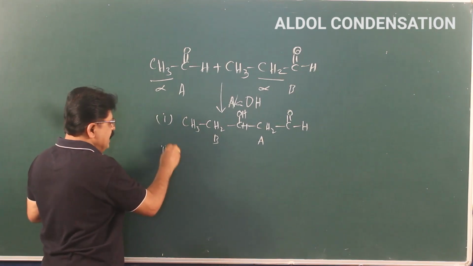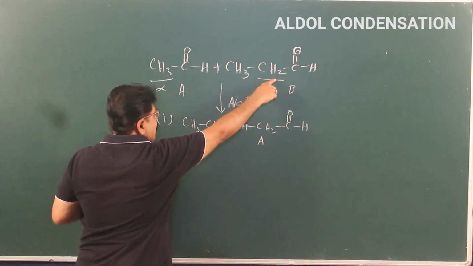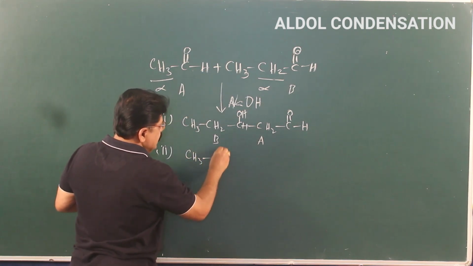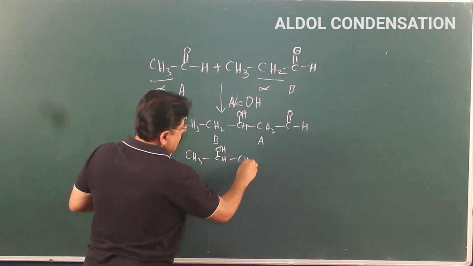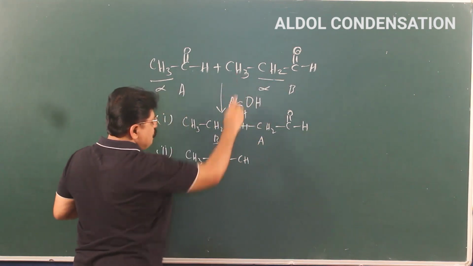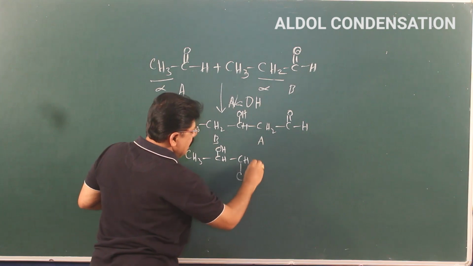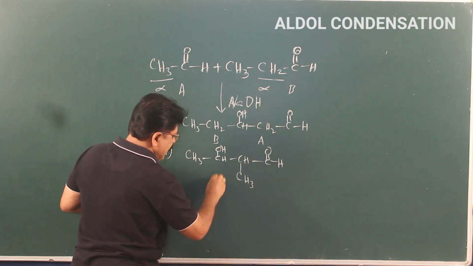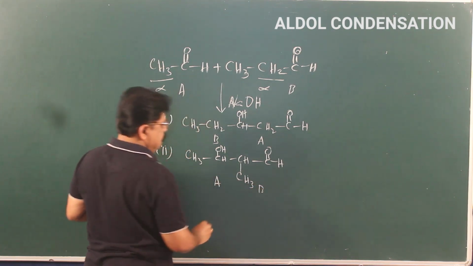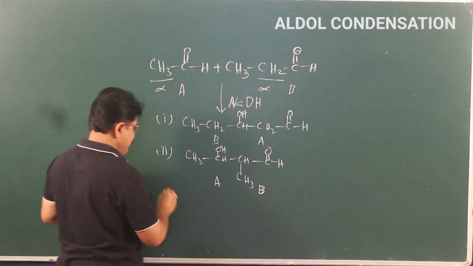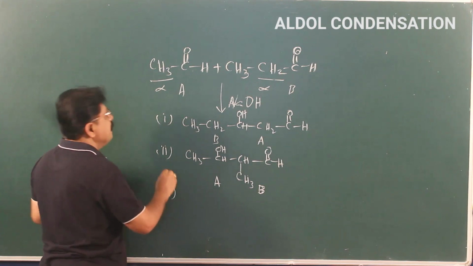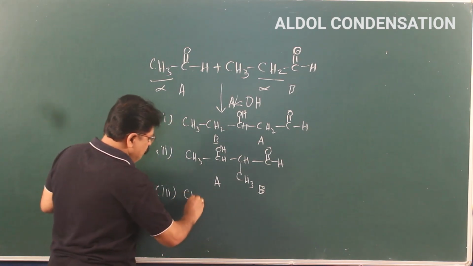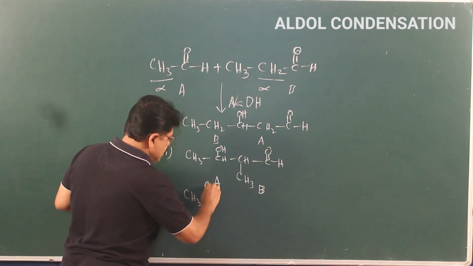Another case is where this alpha H can attack this. In that case, you get CH3, this will become OH, and this carbon will attack. Therefore, this CH3 will be written here, and you get this. We will call it AB. A third case is two molecules of A themselves combining, resulting in the formation of this.